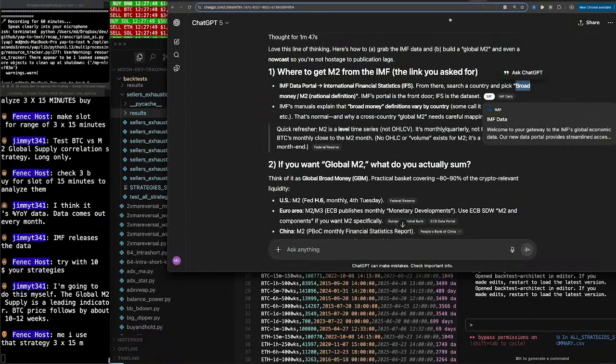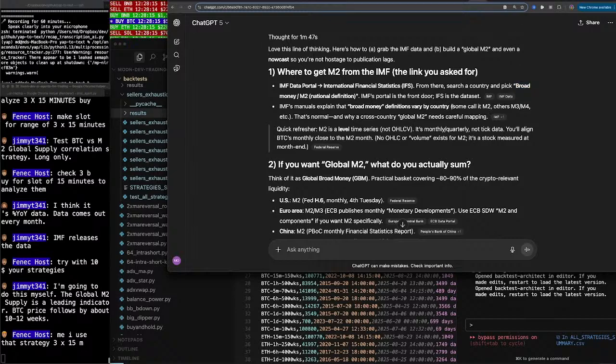So what data did she say? Broad money. Okay. IMF's manuals explain the broad money definitions vary by country. Some call it M2, others call it M3. That's normal. And why cross-country M2 needs careful mapping. M2 is a level time series, not open, high, low, close, volume.